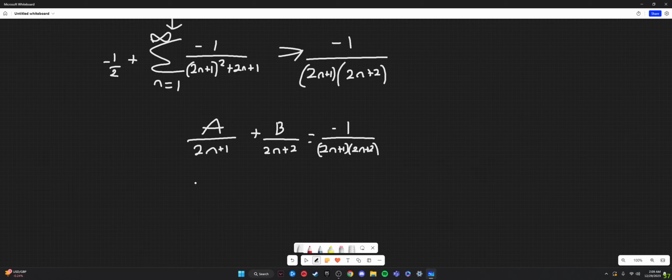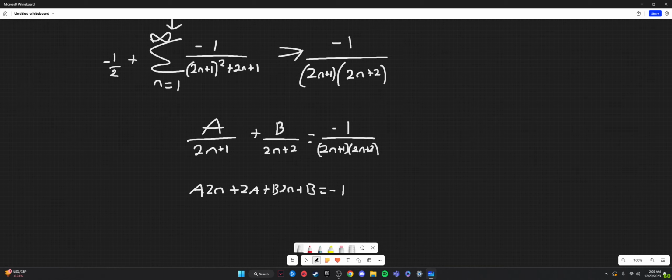I'm going to cross multiply, get A times 2n plus 2A. I'm going to have B times 2n plus just 1B. And essentially what we're doing is trying to make it so these numerators will add up to negative 1 after we give them a common denominator.